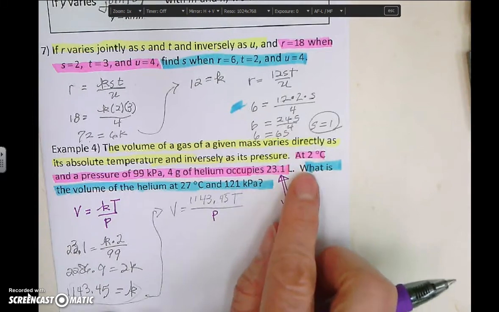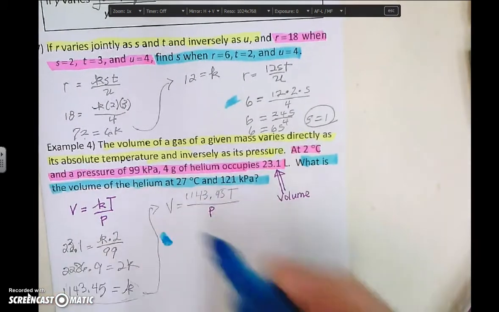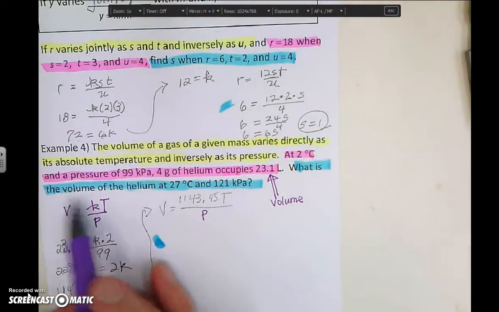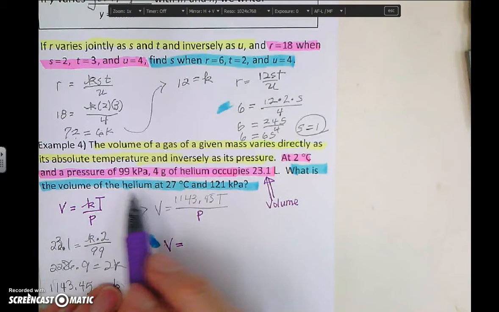And now my blue section, I'm going to come in and answer that final question right there, which is what is the volume. So I'm looking for the volume of the helium.